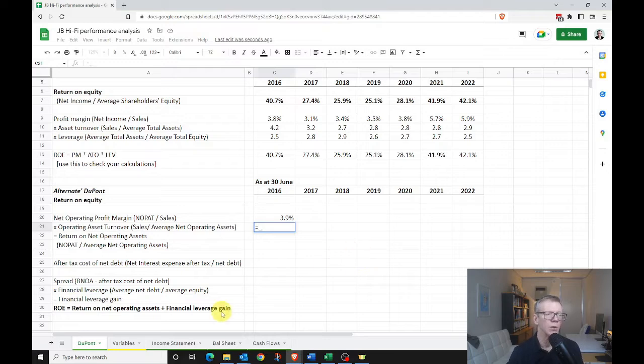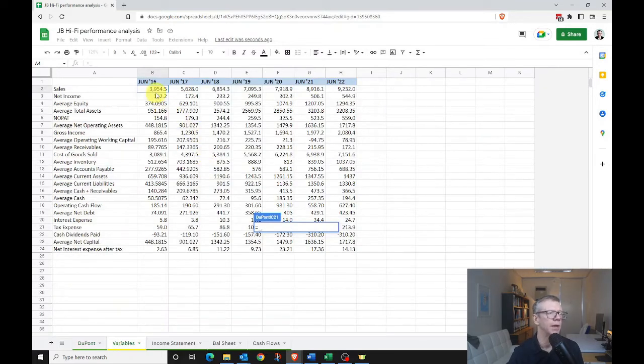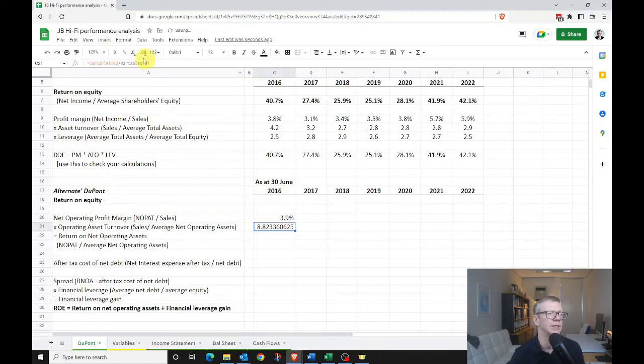So here we're saying what level of sales were they able to generate for each dollar of net operating assets. So that's operating assets less operating liabilities. So a slightly different measure to total assets turnover, where we're looking at all assets on the balance sheet and their capacity to generate sales.